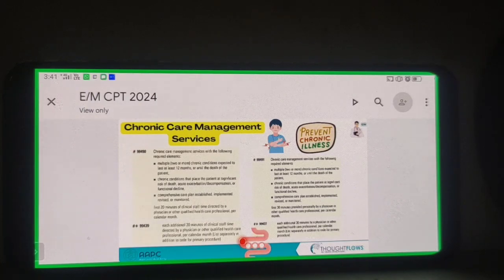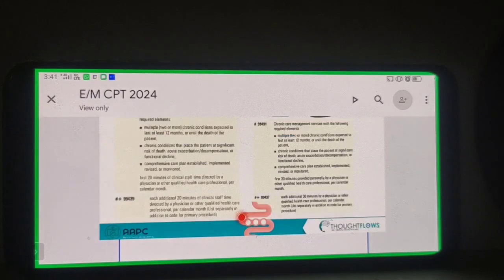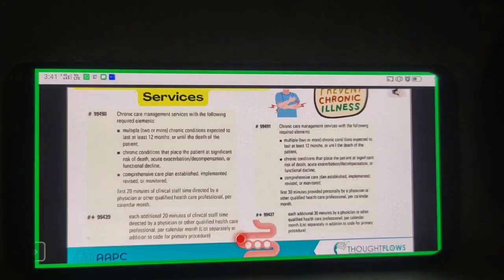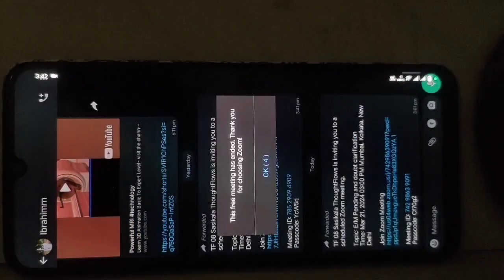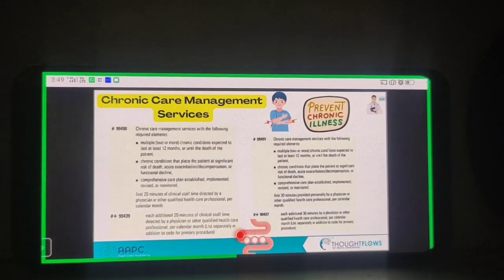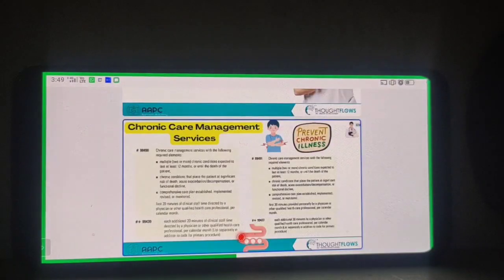Here, under the supervision of the provider, if clinical staff perform the procedure, go for 99490 and 99439, chronic care management service. The service is performed by the staff nurse or clinical staff under the supervision of doctors.